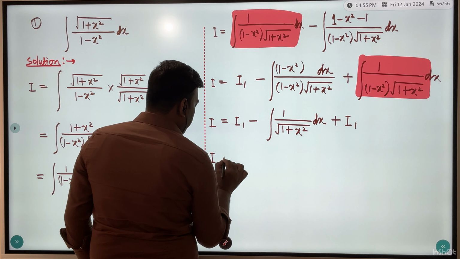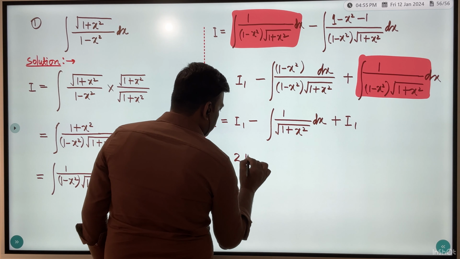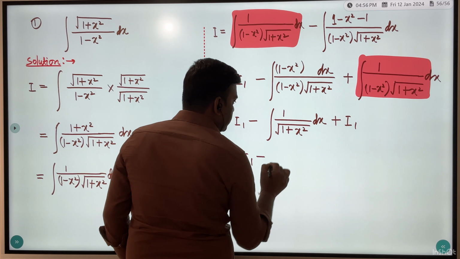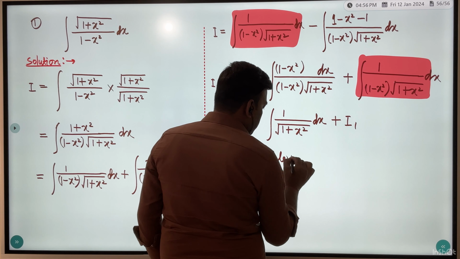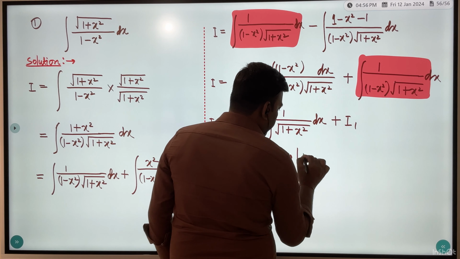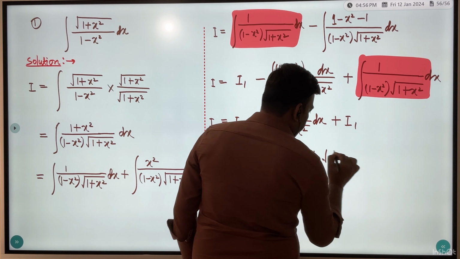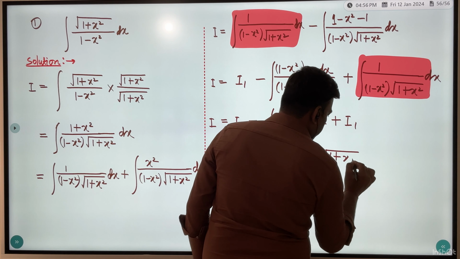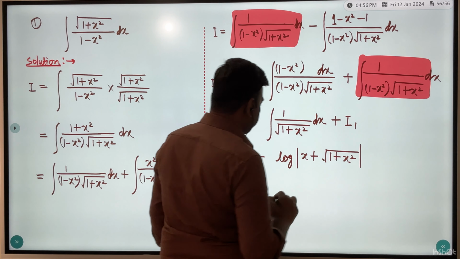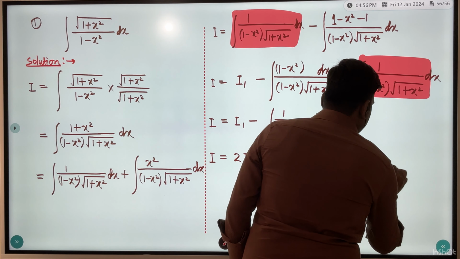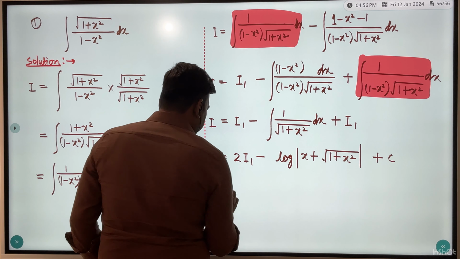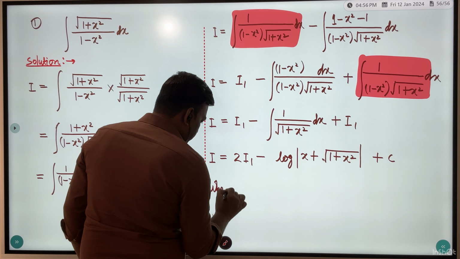So we can see that I1 and I1 become 2I1, minus integral of this, which can be written as log of x plus root over 1 plus x square according to a standard formula. So we have applied the standard formula in the second integral, and I1 plus I1 became 2I1.